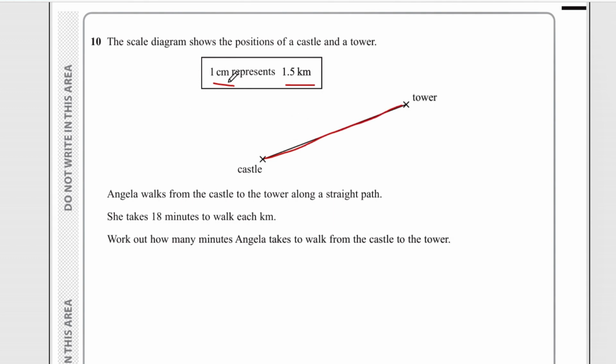So if 1 centimeter represents 1.5 kilometers and you're looking at the line with the measurement 6 centimeters, you multiply 1.5 times 6, and that will give you 9. So that means this is 9 kilometers from the measurement.